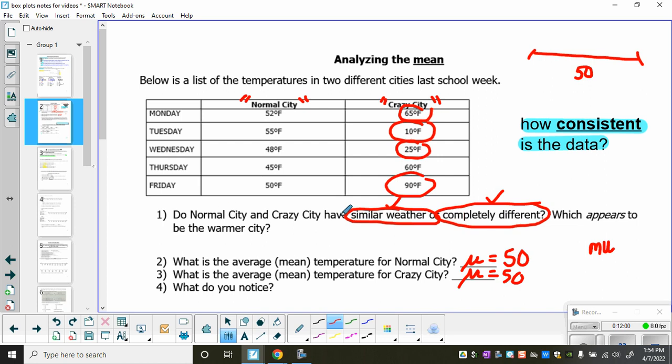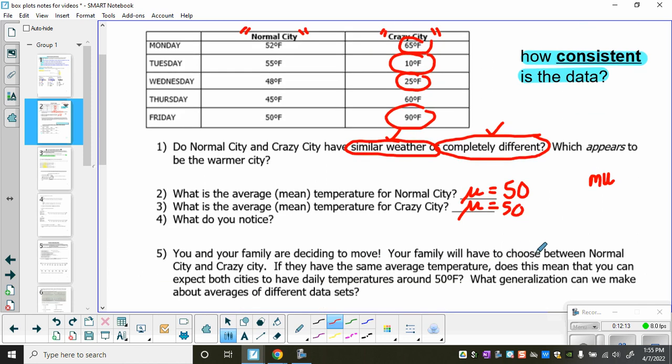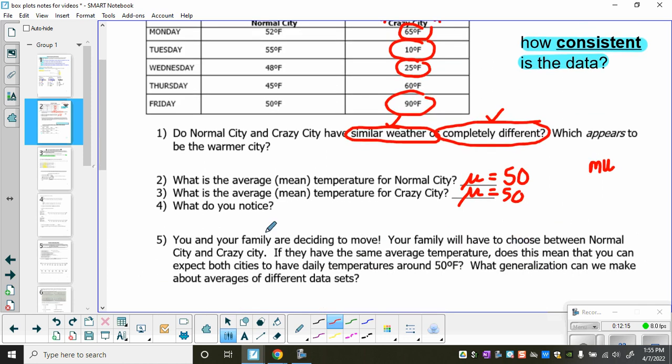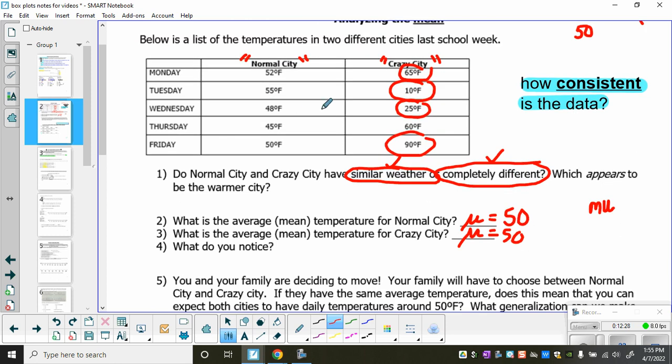So when I asked earlier, do Normal City and Crazy City seem to have similar weather or completely different? Well, some people might say they have similar weather because a lot of people will look at the average and say, well, what's the average in the two places? If people are deciding to move and making weather-related decisions, and you look at two places and see, okay, they both have the same average, does that really mean that both cities have similar weather?